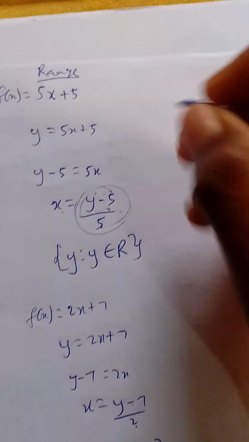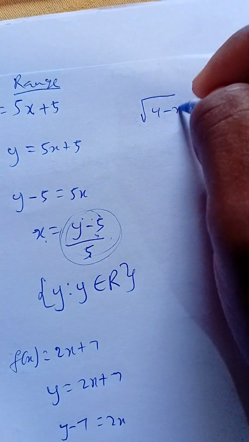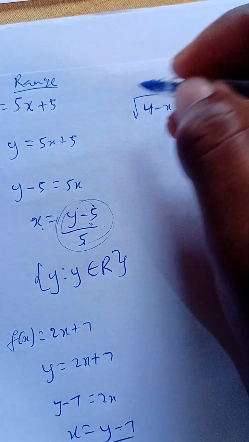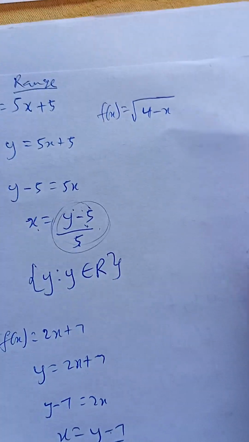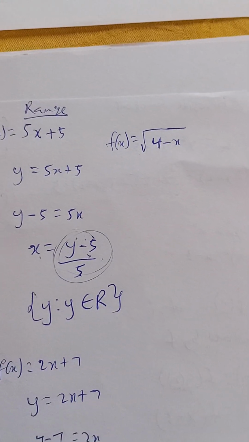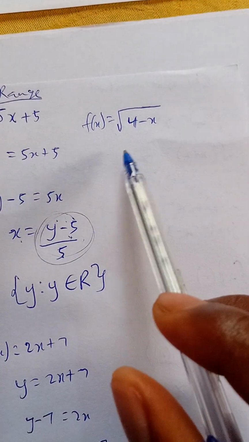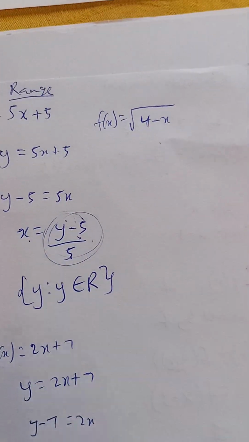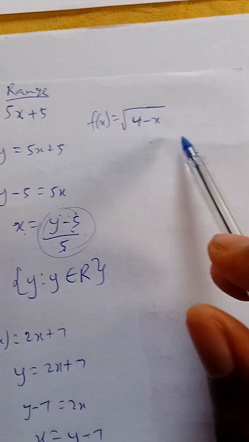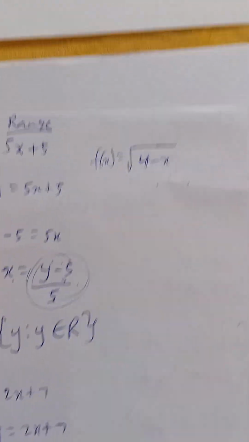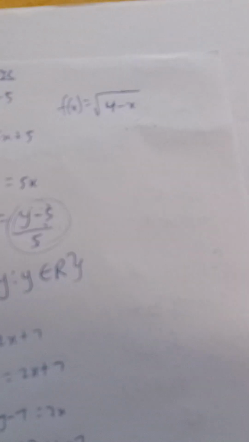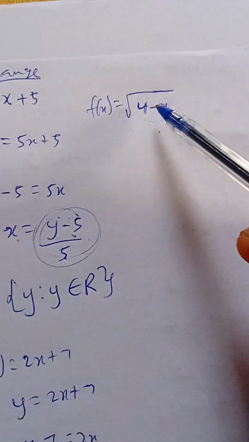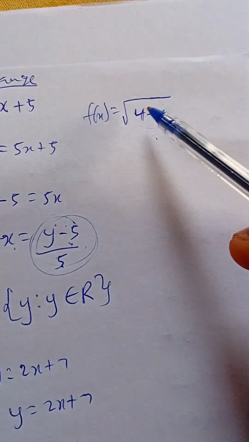So if I give you something like square root of 4 minus x and ask you to find the range of this, you don't need to go and equate to y or do whatever. Just ask yourself, if you consider all real numbers, which real number can you put into this to generate a possible image? You know that negative numbers cannot work. So any real number you pick, you must make sure that this thing shouldn't be negative.